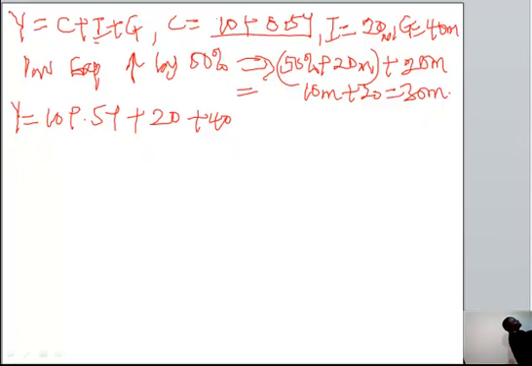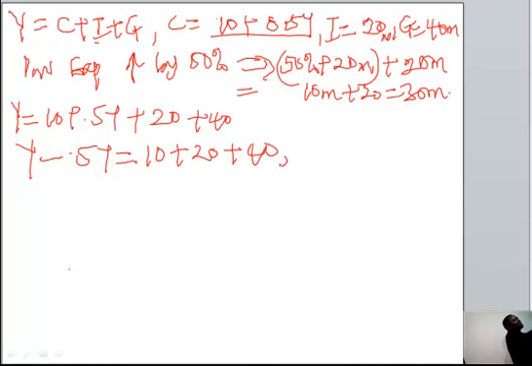So if you collect like terms, we have Y minus 0.5Y equals 10 plus 20 plus 40. Y into brackets 1 minus 0.5 is equal to 70.